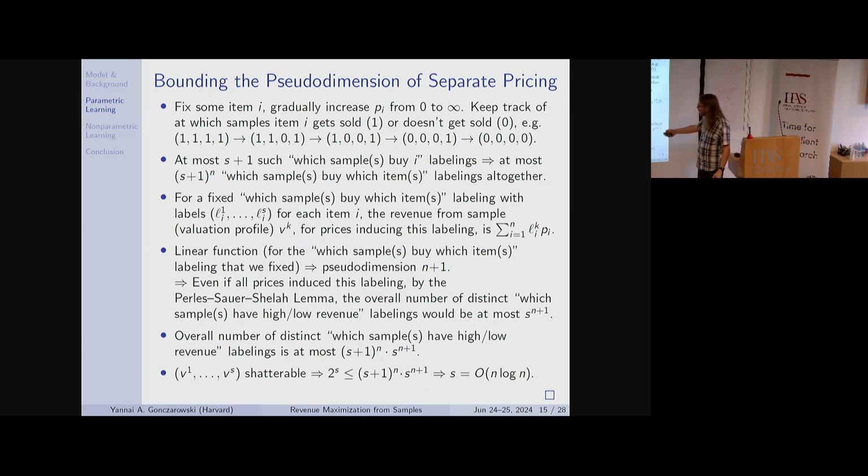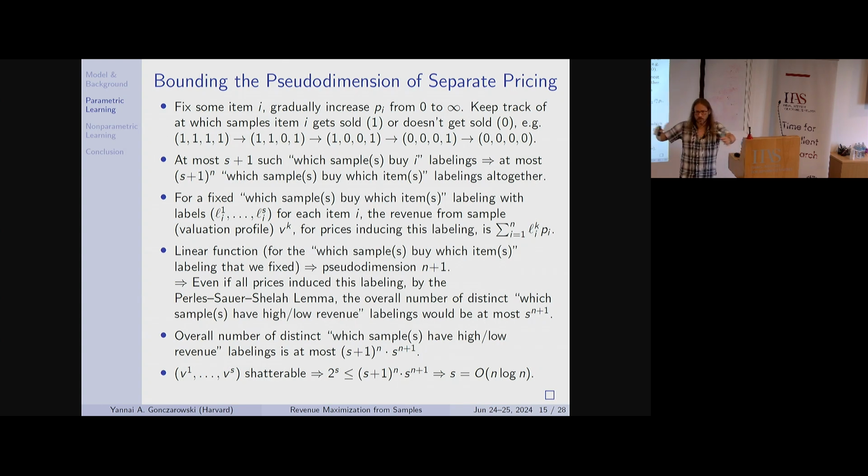So really, if you take a high-level view of this, it says we have S plus 1 to the n labels. Each of these, if we fix it, the revenue function is linear.